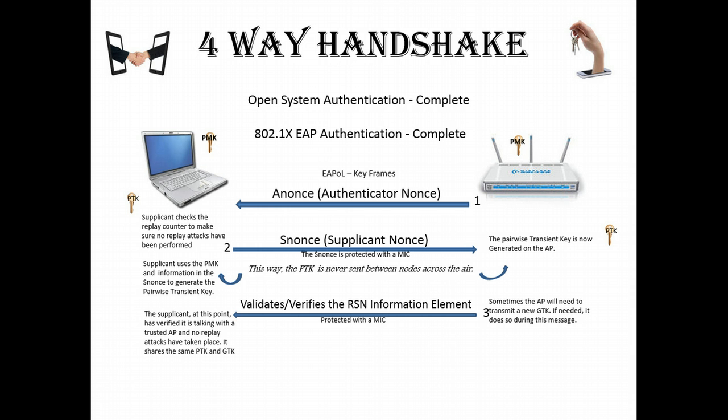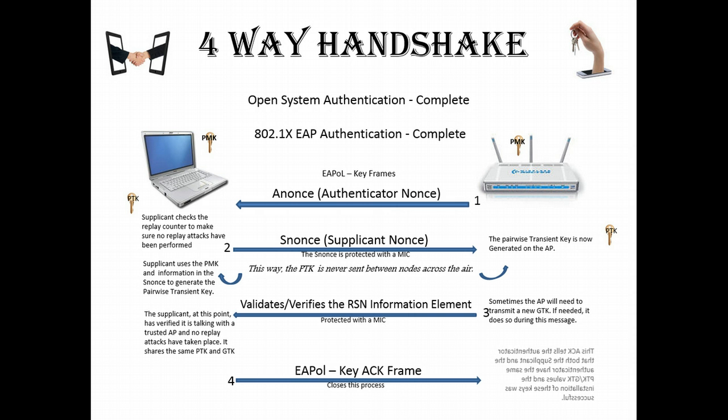Once the supplicant receives this frame and verifies it's talking with a trusted AP, no replay attacks have taken place, and it shares the same keys on both sides, it will send frame number 4, and that's basically just an acknowledgement of just that. We share the same keys, no attacks have been performed, this process has been secure, and we can close this process.